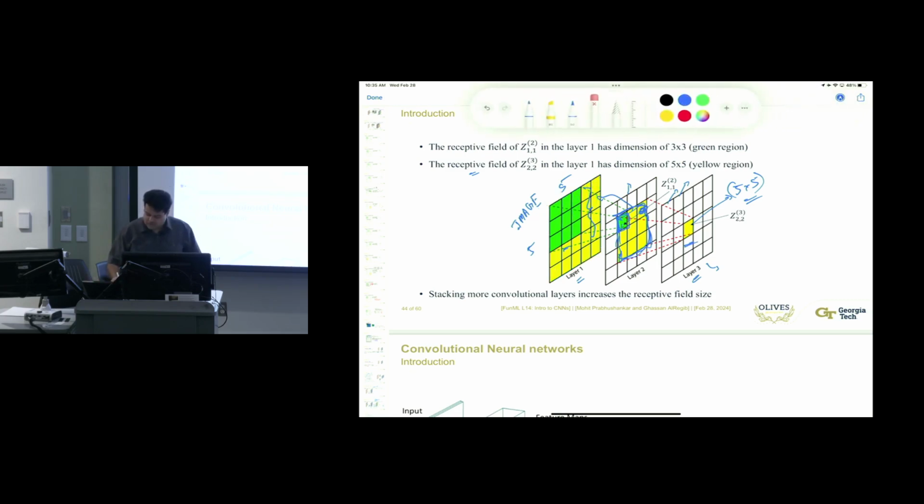Maybe I'll remove all the colors first and then discuss. So the first green thing, I hope, is straightforward. It's looking at this particular patch here. But the second one here is dependent on this patch, right? So in this particular layer, when I am utilizing this entire thing, that means I am looking at both the green patch as well as the red patch.